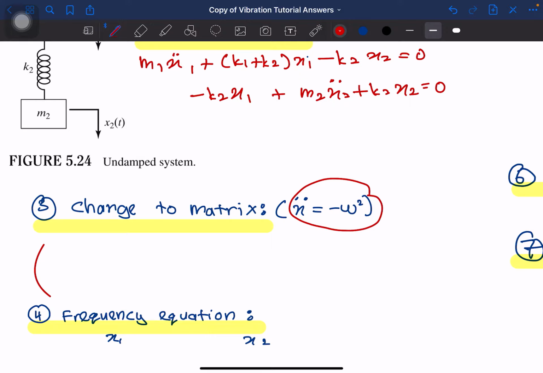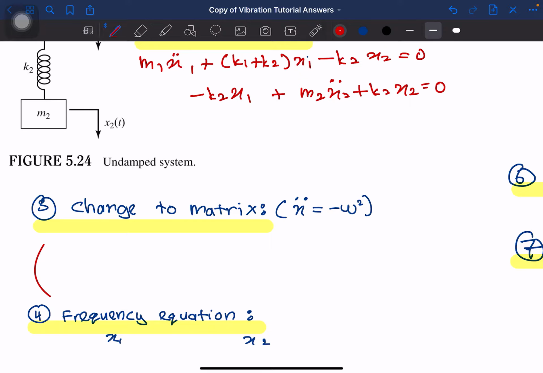When you put it in a matrix, there is actually a rather long derivation to explain why x double dot equals negative omega squared, but you can look at your textbooks. I'm just going to make it easier for you. Just do these steps for all questions like this: if the question asks you to find natural frequencies and mode shapes, just do this.